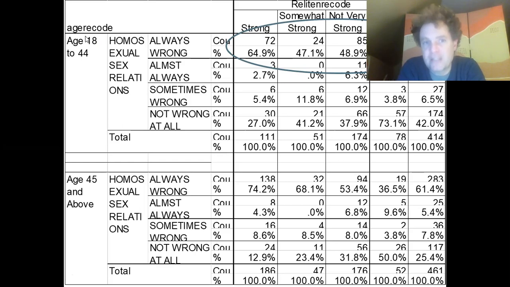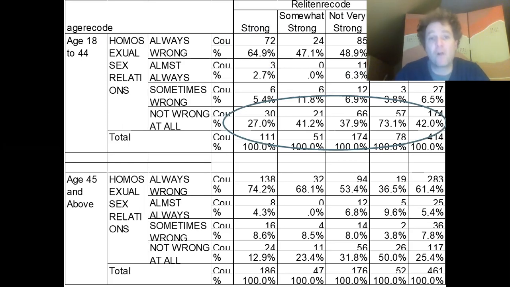Yes, there is still a relationship. A younger person who is strongly religious, 64.9% think it's always wrong, versus somebody who is not very strongly religious, 48.9%, versus somebody who has no religion at all, only 19.2% think it's always wrong. So for younger people, there's still this relationship between religiosity and always wrong.